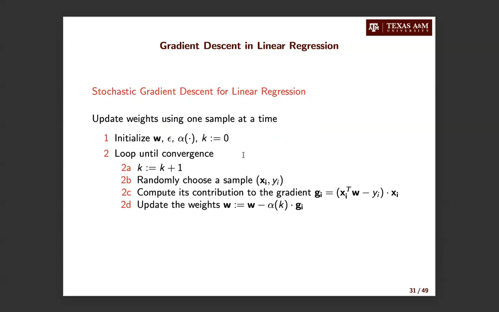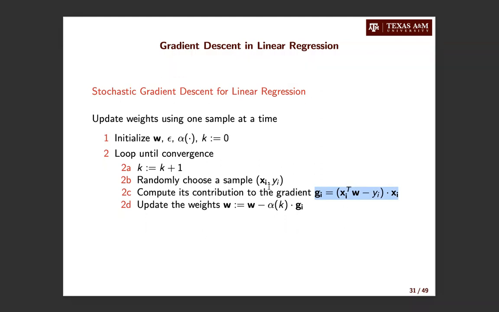According to this method, called stochastic gradient descent, we initialize our weight W and we keep updating our weight, now instead of using all our data samples, based on a randomly selected data sample. This process is repeated until our algorithm converges.